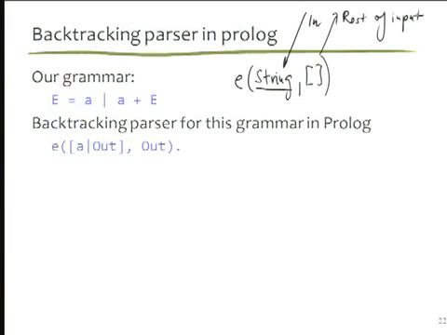So here, this corresponds to the production E goes to A. So if I pass here a string, maybe A plus A, okay, what do I expect on the output from here?